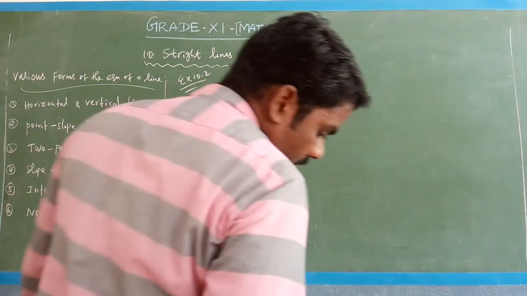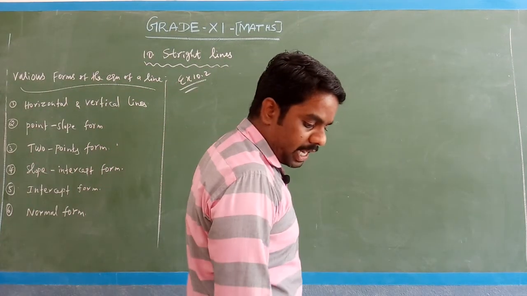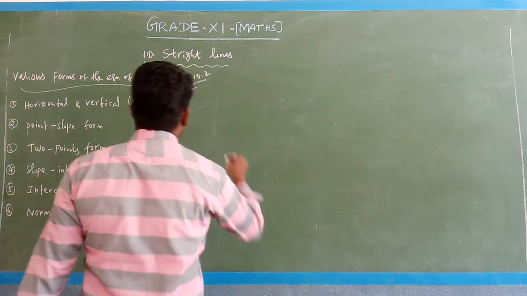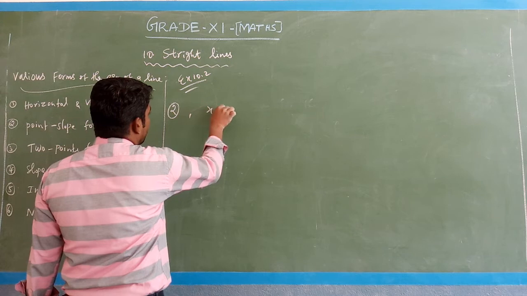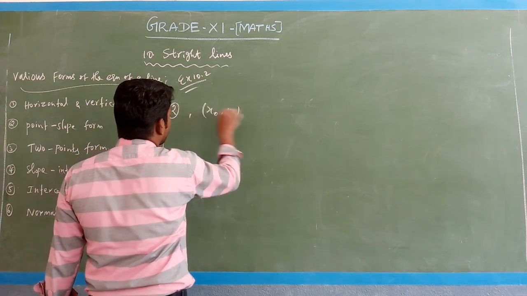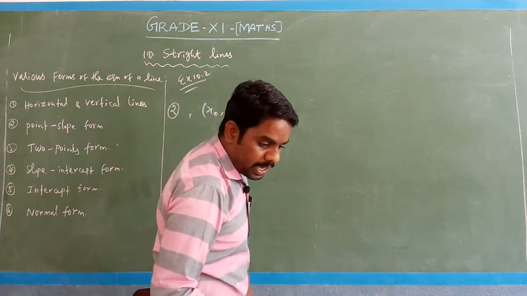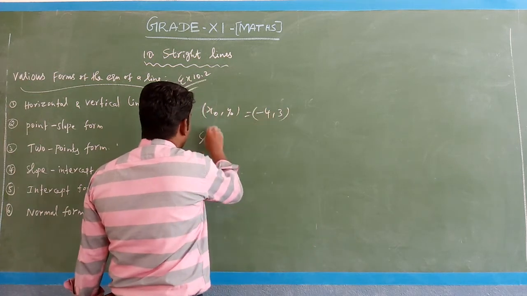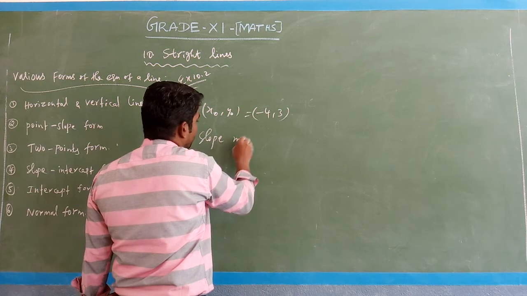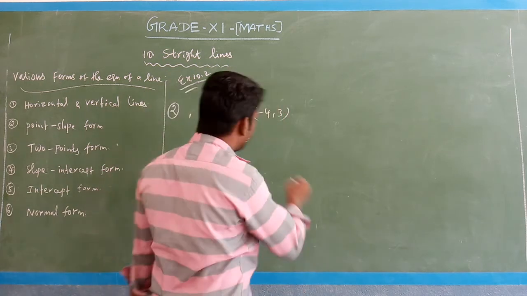Question number 2: the line passes through the point minus 4 comma 3 with slope 1 by 2. The point x0 comma y0 is minus 4 comma 3, and the slope m is equal to 1 by 2.